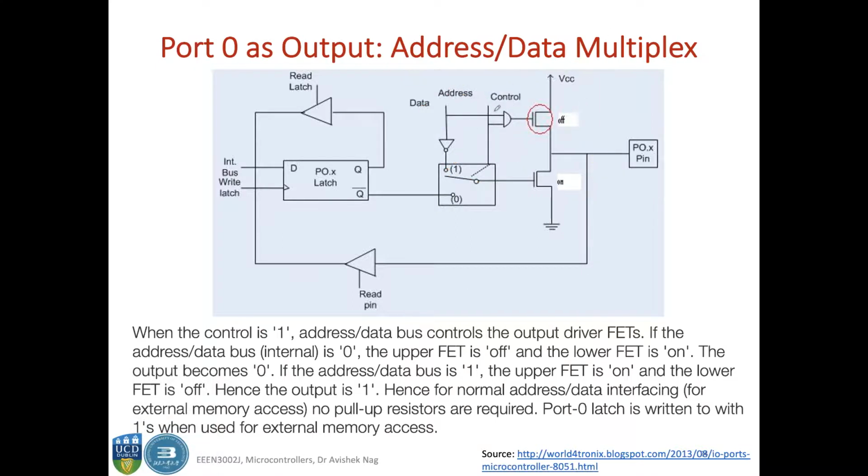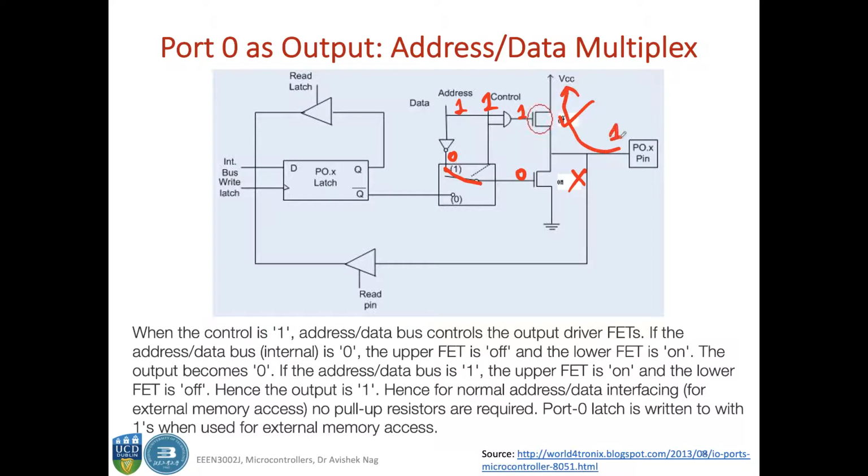Let's imagine that your address is 1, your control is still 1, so the output of your AND gate will be 1, and this transistor will be on. This circuit is complete, and here you will get a 0, which will be the input of this transistor. So this transistor will be off, and this point will be pulled to VCC.